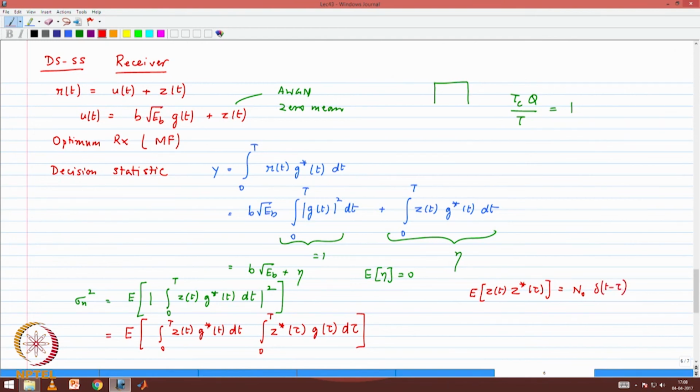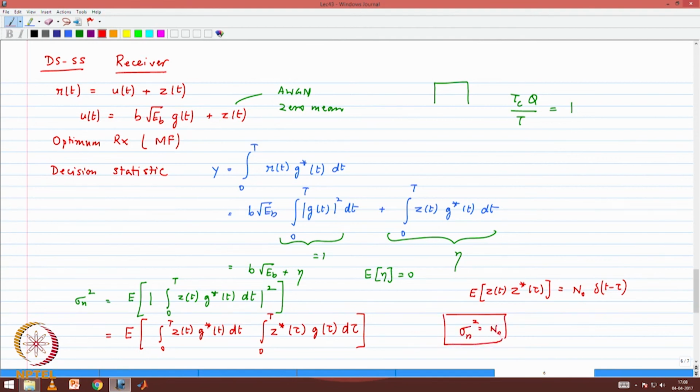So only when both are aligned do you get the power of the noise; otherwise the expected value goes to 0. Once this constant comes out, t and tau become the same, and you get the integral from 0 to T of the magnitude of g(t) squared, which equals 1. So sigma n squared equals N0.